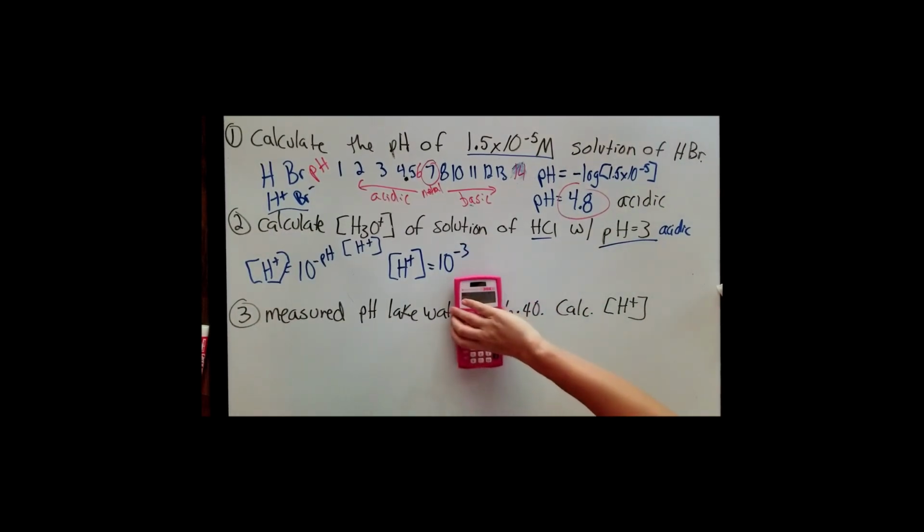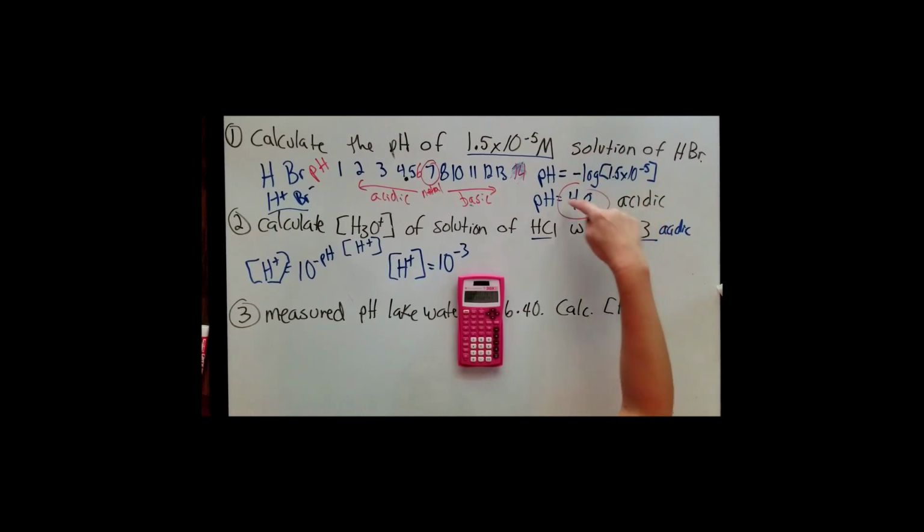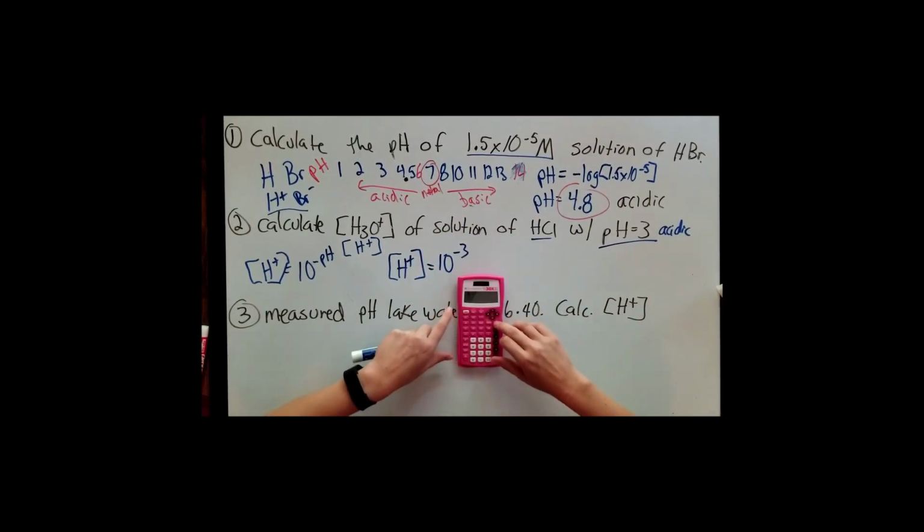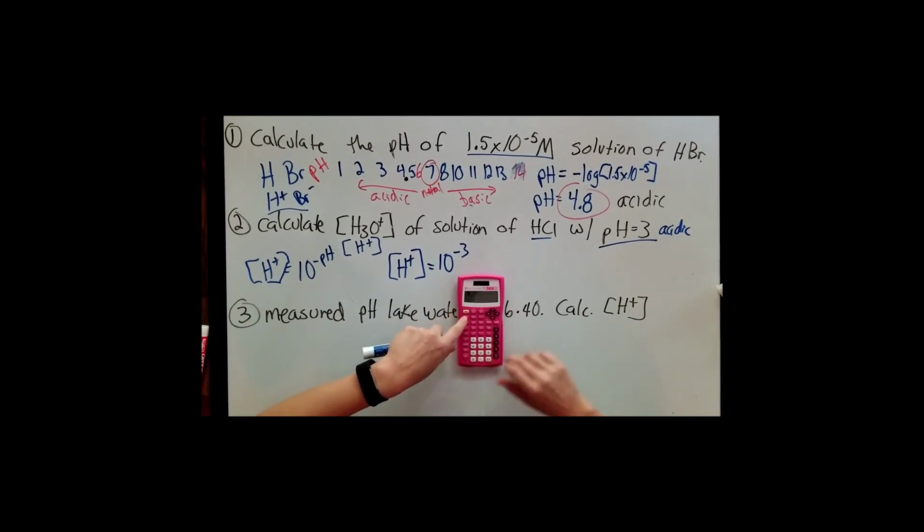On your calculator, we basically rearranged this negative log calculation to come up with this one, right? You don't have to know how to rearrange it because you're given both equations. But to calculate it, you want to press the second button and then your log button.